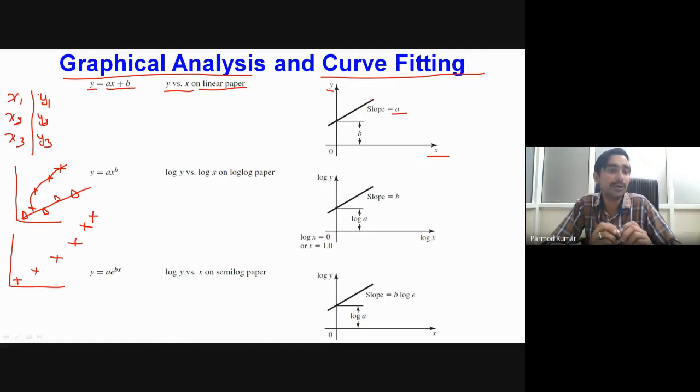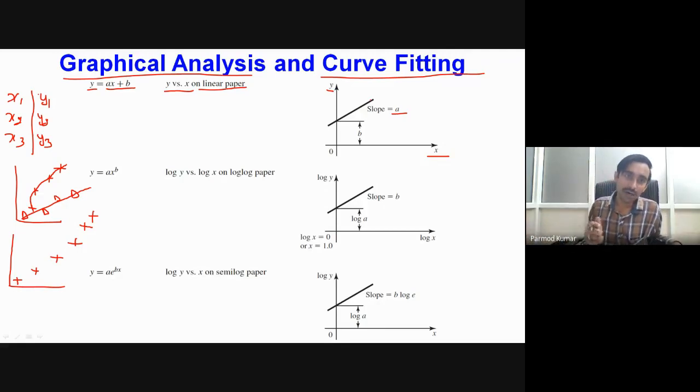But if I plot it on a linear scale, I will get scattered points, and once again I will be confused whether to relate these scattered points with a quadratic polynomial, a third order polynomial, or an exponential fit. So we will have some sort of confusion.